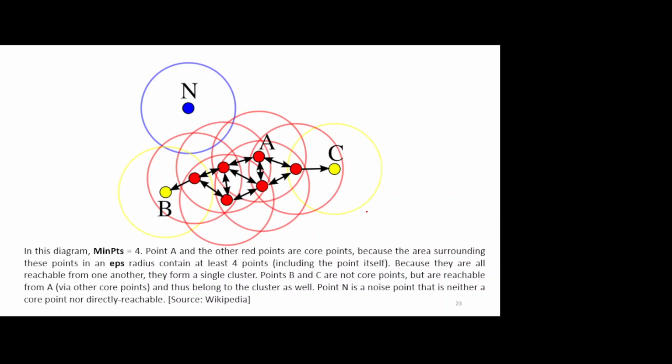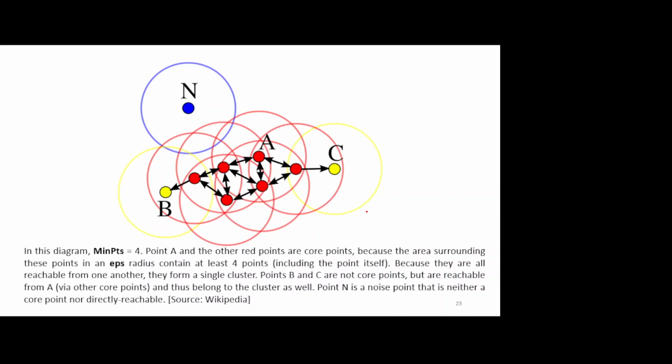In this diagram, the minimum points is 4. For point A, we have a search radius here, and we have to check how many points are in the radius.